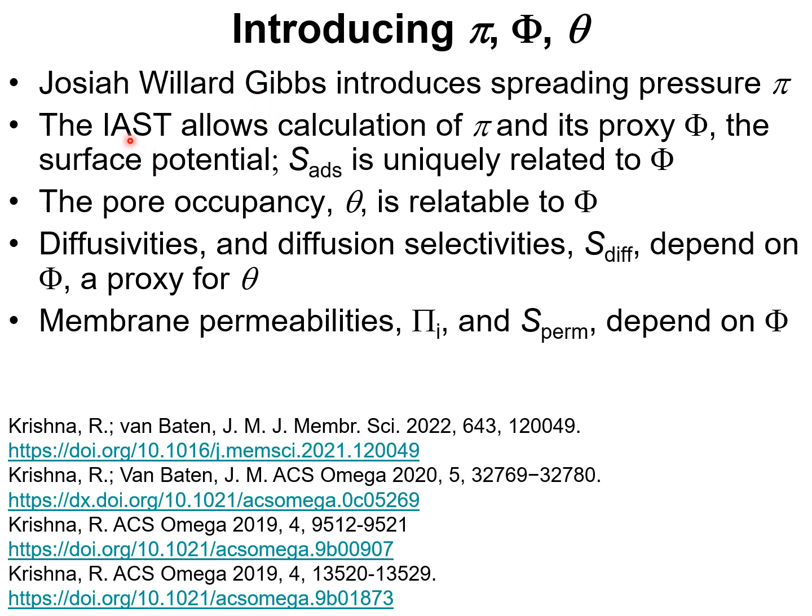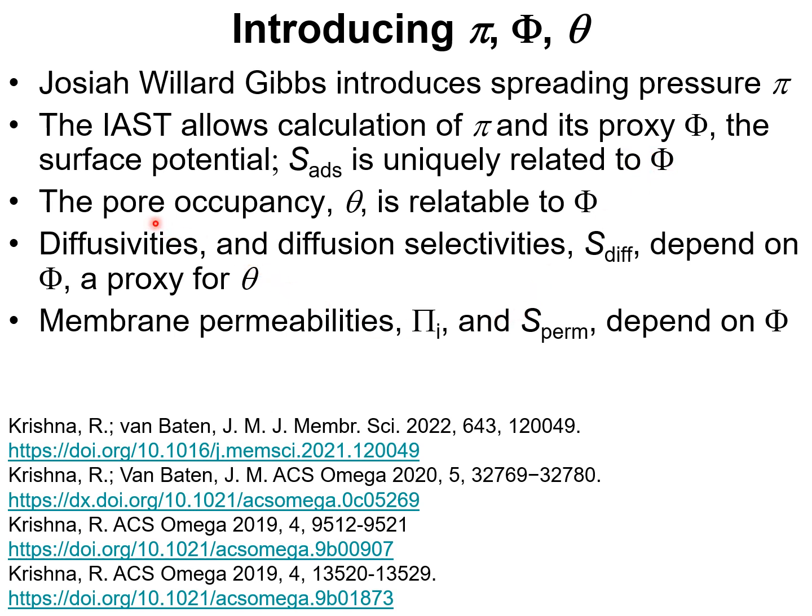The ideal adsorbed solution theory allows calculation of pi and its proxy phi that can be termed the surface potential. We shall demonstrate using Monte Carlo simulations of mixture adsorption that the adsorption selectivity is uniquely related to phi.